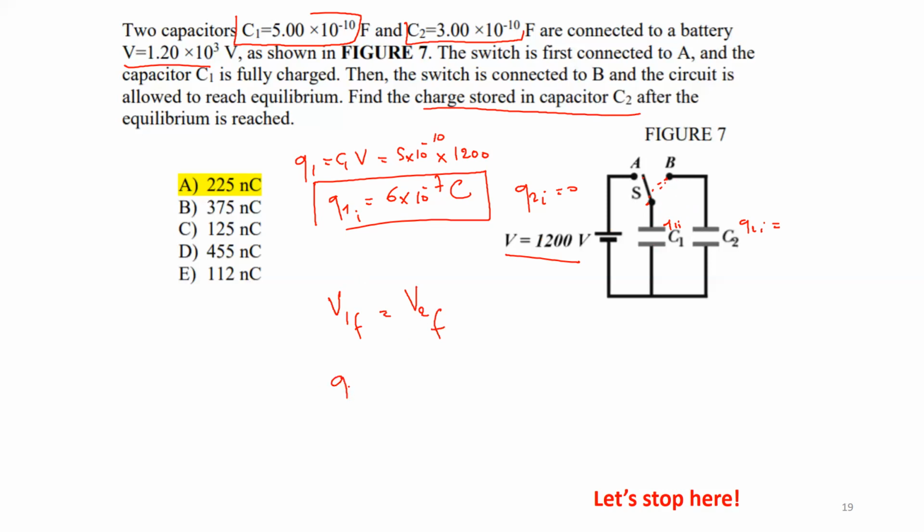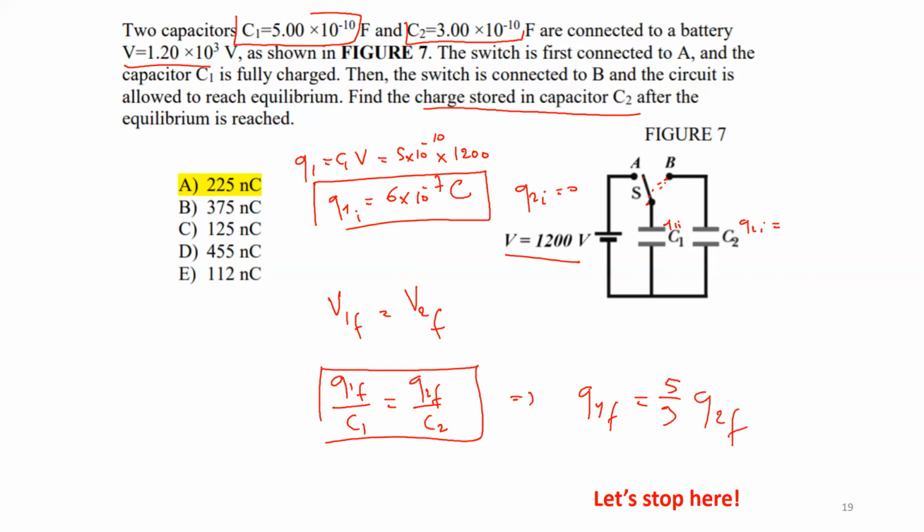V1 final is just Q1 final divided by C1, and V2 final is Q2 final divided by C2. So that means, knowing C1 and C2, I know that Q1 final will be 5 divided by 3 Q2 final. So this is my first equation.